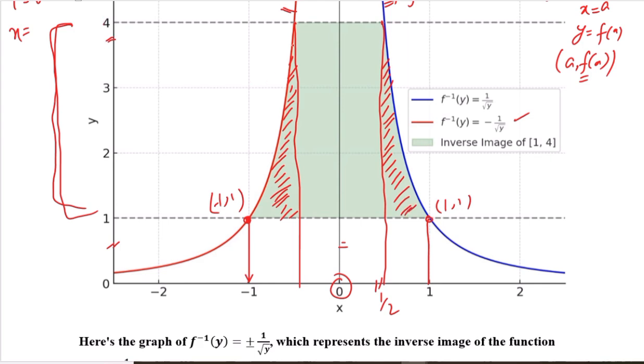Again I repeat, how can we make this graph? If you want to draw the graph, simply take y and find the x from this relation. For a single value of y you will find two values of x, and by plotting all ordered pairs on the graph paper you can find the graph of x is equal to 1 by square root y, or graph of f inverse y.